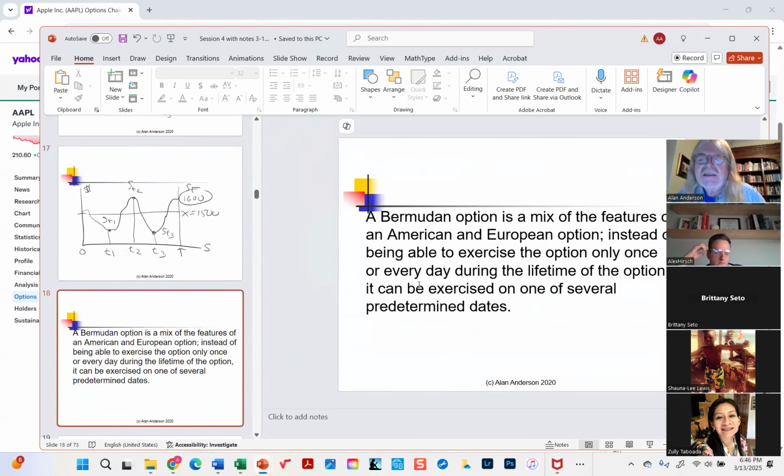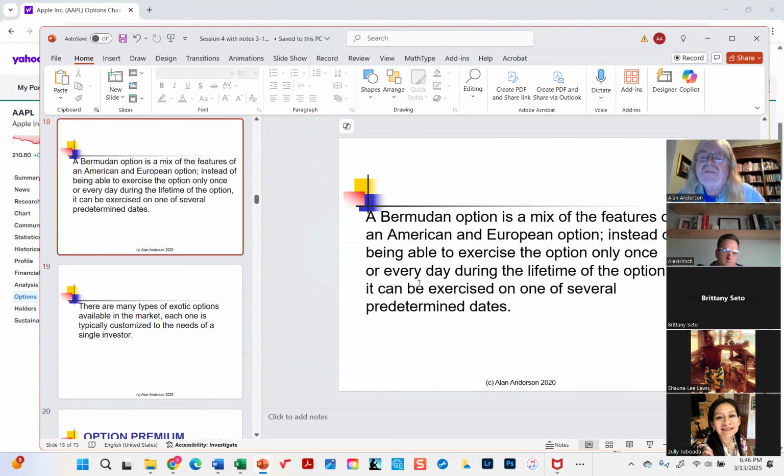So a Bermudan option, what happens there is that instead of having to wait to the maturity date to exercise it, or be able to exercise it every single day, here instead there's a handful of dates on which you can make a decision. Yes, I want to exercise. No, I don't. So think of it as a hybrid between a European and an American option.